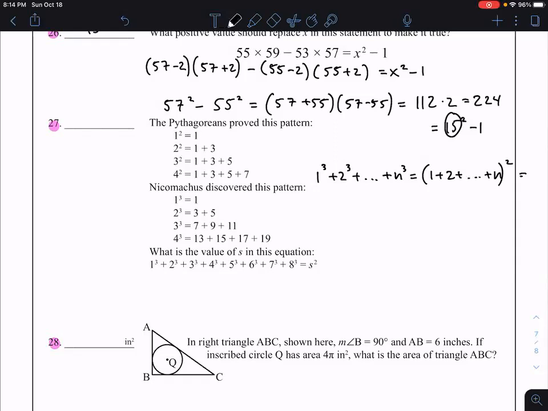And this is equal to s squared in our case.